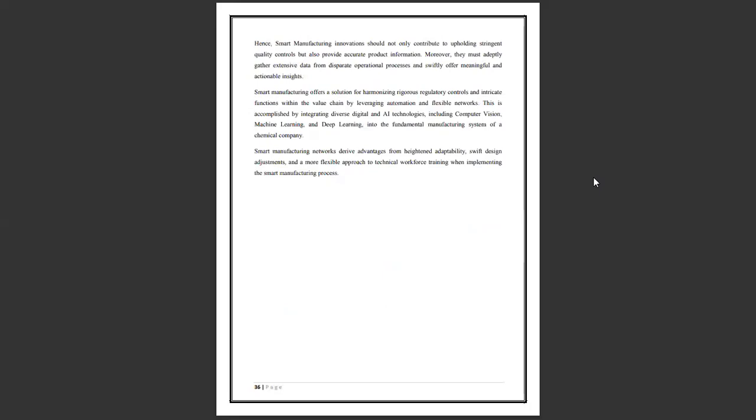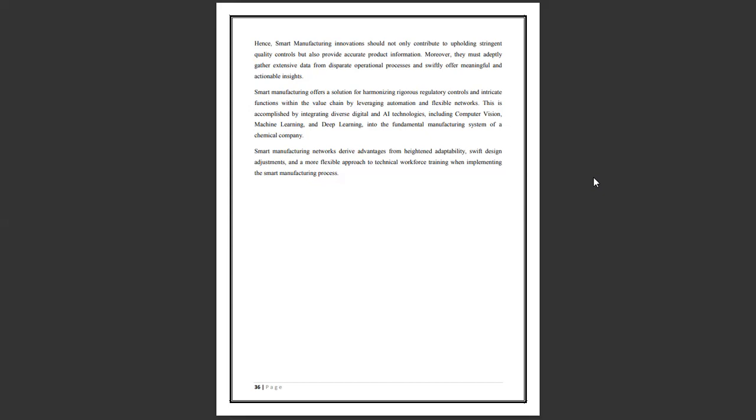Hence, smart manufacturing innovations should not only contribute to upholding stringent quality controls, but also provide accurate product information. Moreover, they must adeptly gather extensive data from disparate operational processes and swiftly offer meaningful and actionable insights.